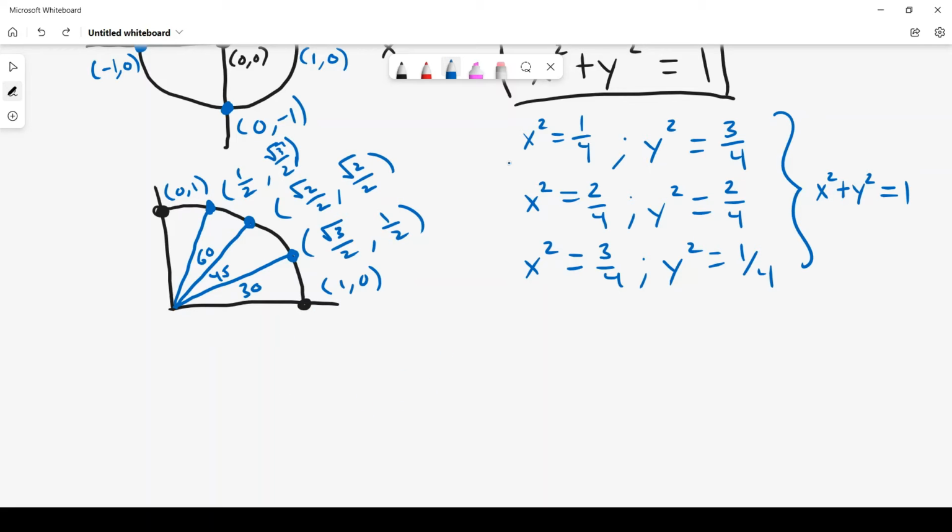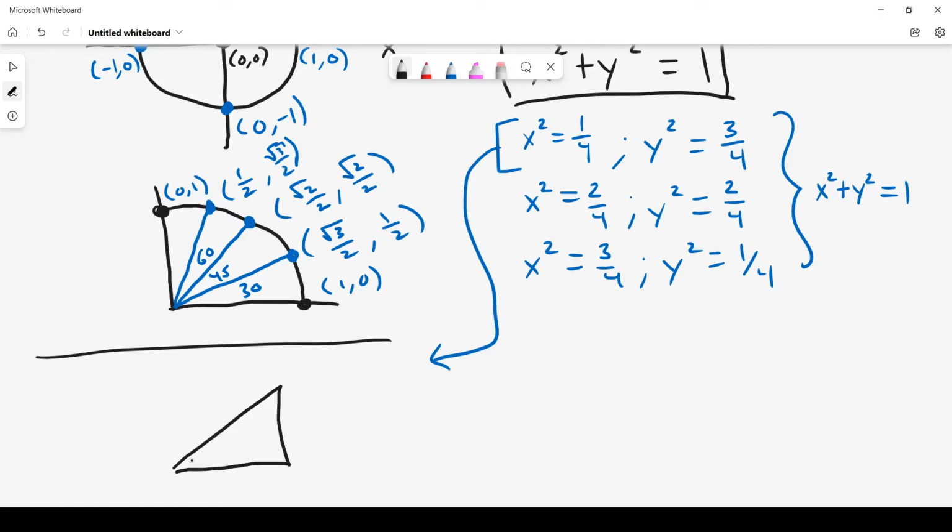So if we grab any of these values here, let's grab this first one, where the x squared is equal to 1/4 and the y squared is equal to 3/4. What that would give us is this triangle in which you have 1 for your radius, right?